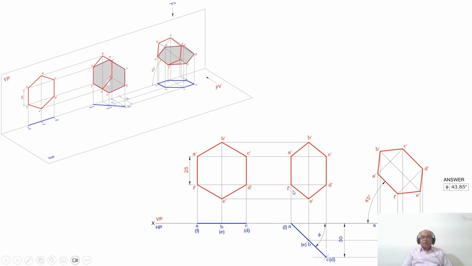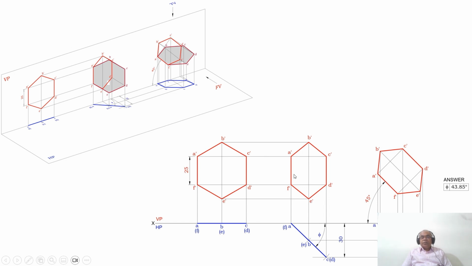Then by using the compass, you measure the distance from A dash to C dash, which is same as F dash to D dash, and transfer it from A dash on this vertical projector, that is on the perpendicular line, similarly from F dash. Then you mark this point as C dash and you mark this point as D dash. Then by using the compass, you measure the distance from A dash to this point and transfer it from A dash on this, similarly from F dash on this, and join these 2 points and extend it on either side.